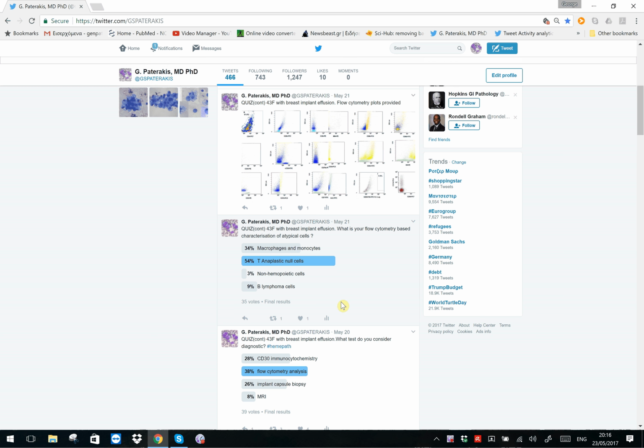An FNA was performed as well as a capsular biopsy, and the cells were examined by both morphology and flow cytometry.